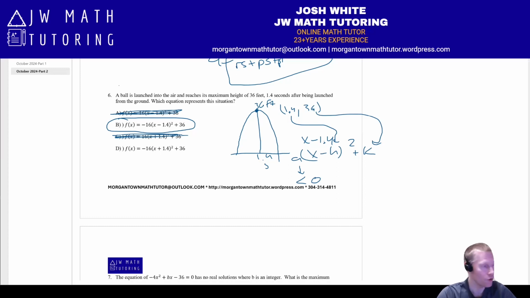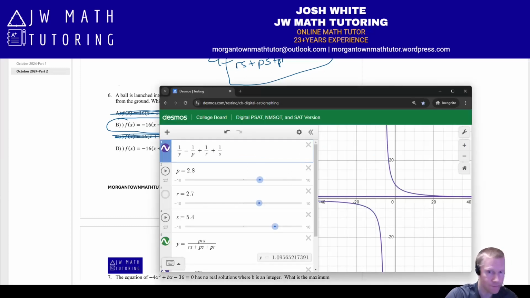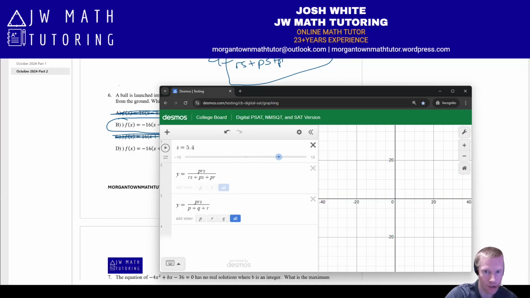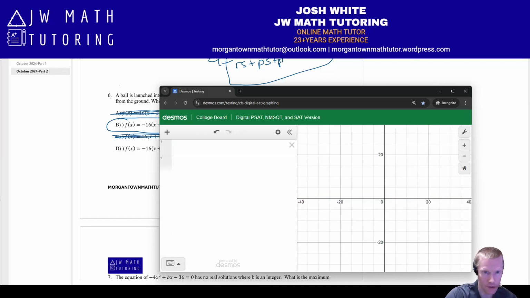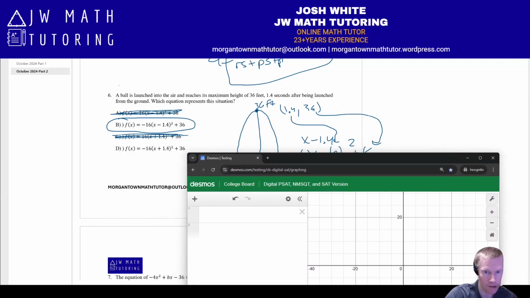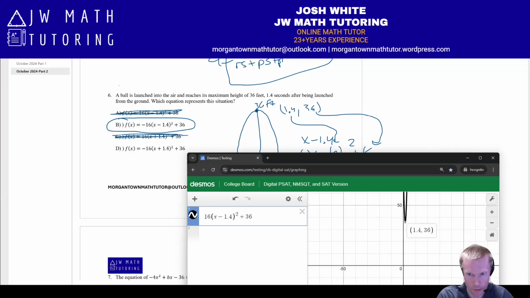Now, if you weren't sure, you could also go to Desmos and graph out these answer choices. If you graph the first one, you can see that yes, it has this vertex here, but this is not its maximum height. This is its minimum height.